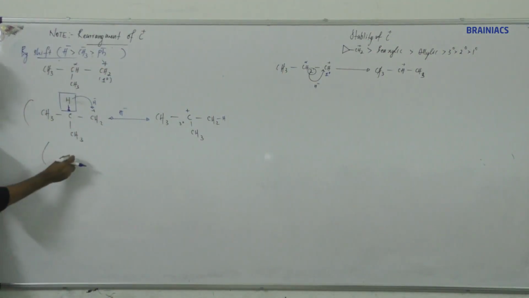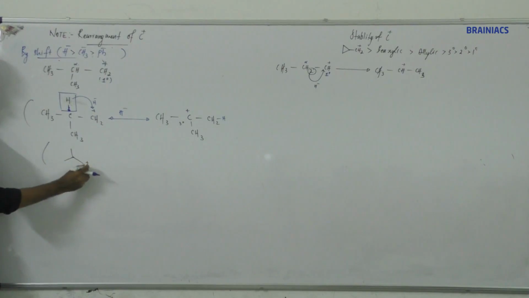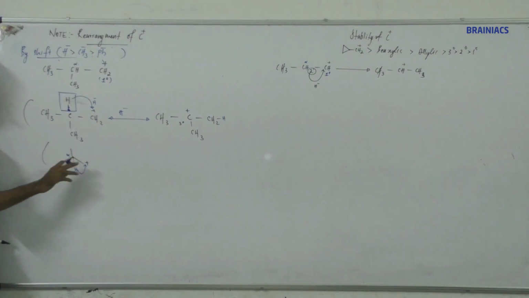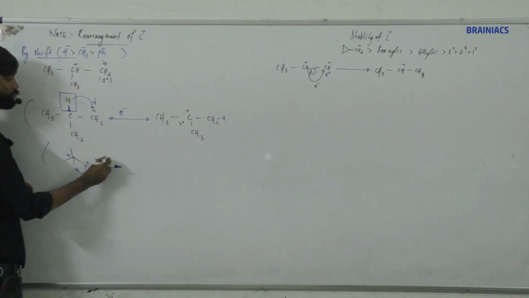So let me show the bond line of this one. Bond line of the very same molecule. You should be familiar with bond line also. Okay. So this is the alpha carbon, where we have methyl and where hydrogen shifted. So what happens?